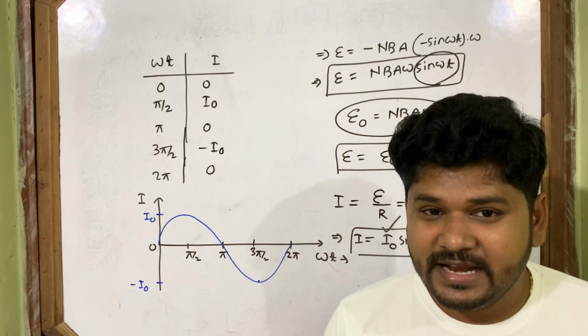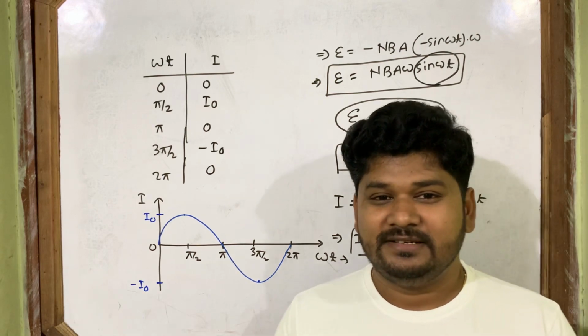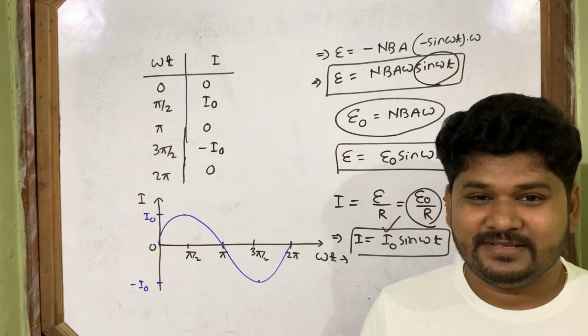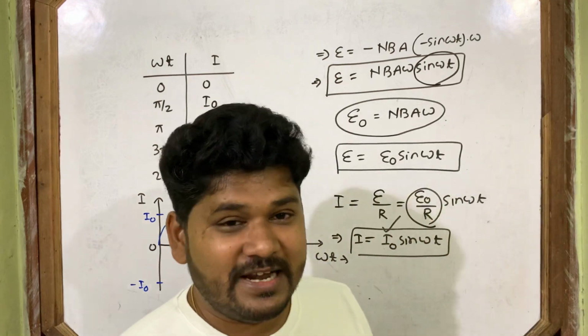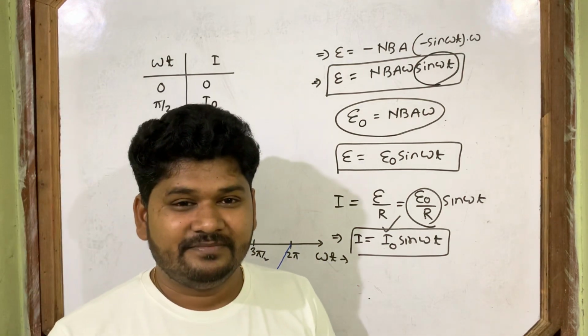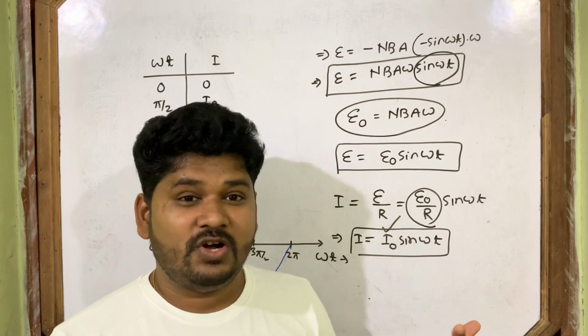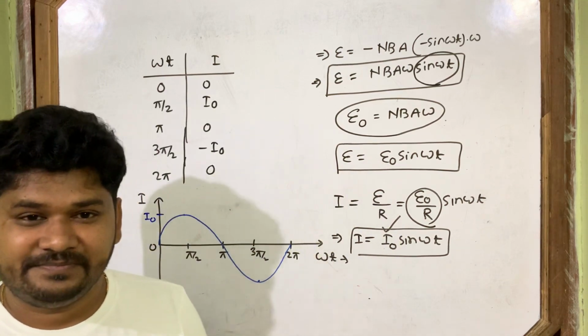What is this current? Alternating current. So now we got alternating current from the AC generator. The next chapter will be alternating current.